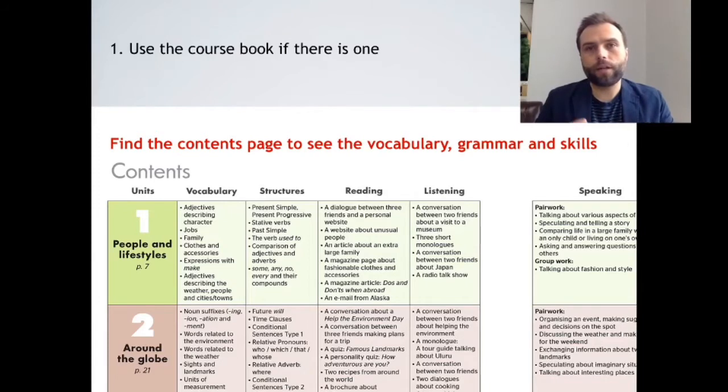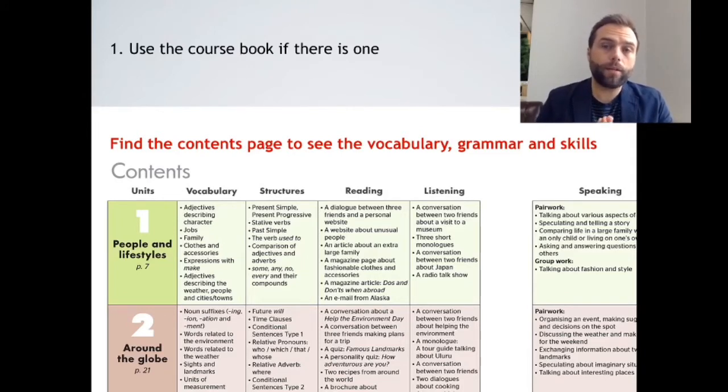It is a good idea to have a look at the textbook, because the syllabus is usually well organized. You can find a good range of vocabulary, expressions, grammar, subjects, and so on. So it is a good idea to follow the course book if you do have one.